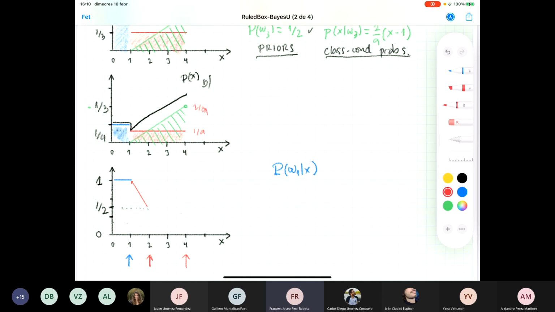And this is the sum, which is 3/9. So the proportion of the posterior for class 2 and class 3 is 1/3, 2/3. So it has to be 1/3, 2/3. So it means that this has to be something like this.